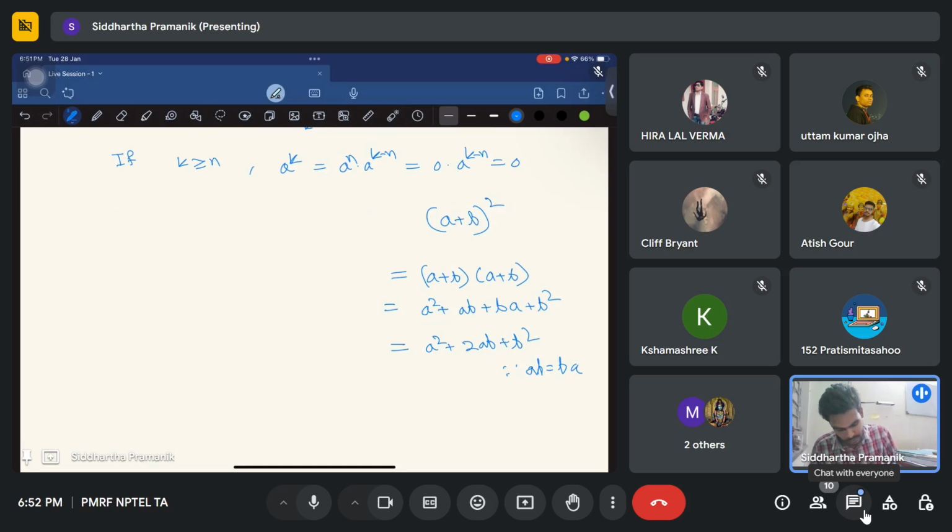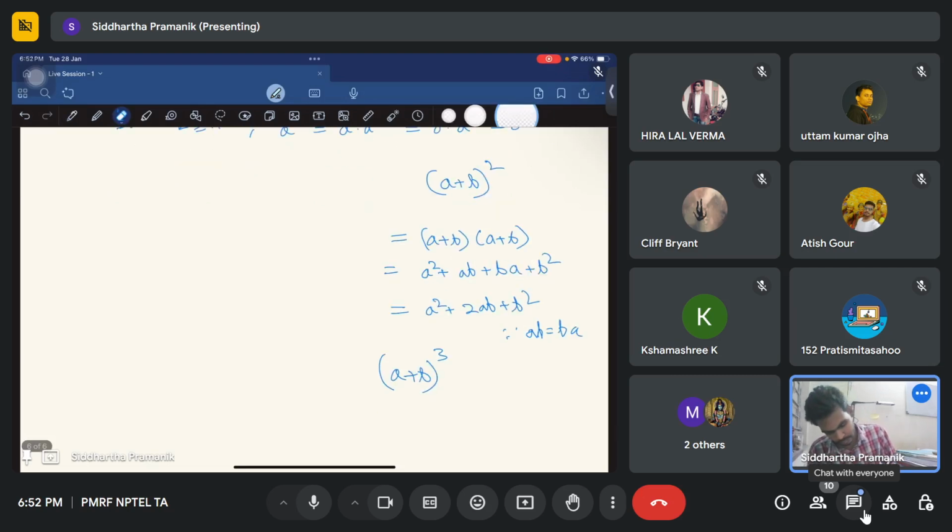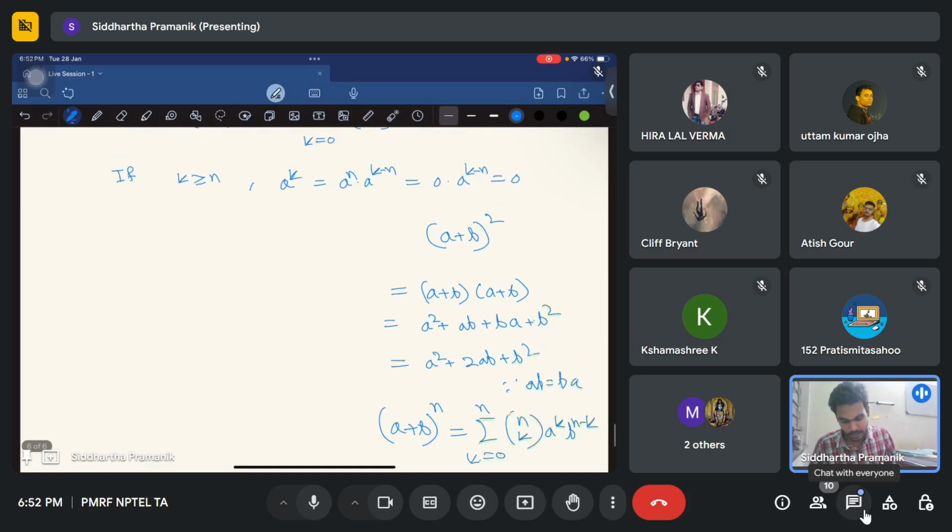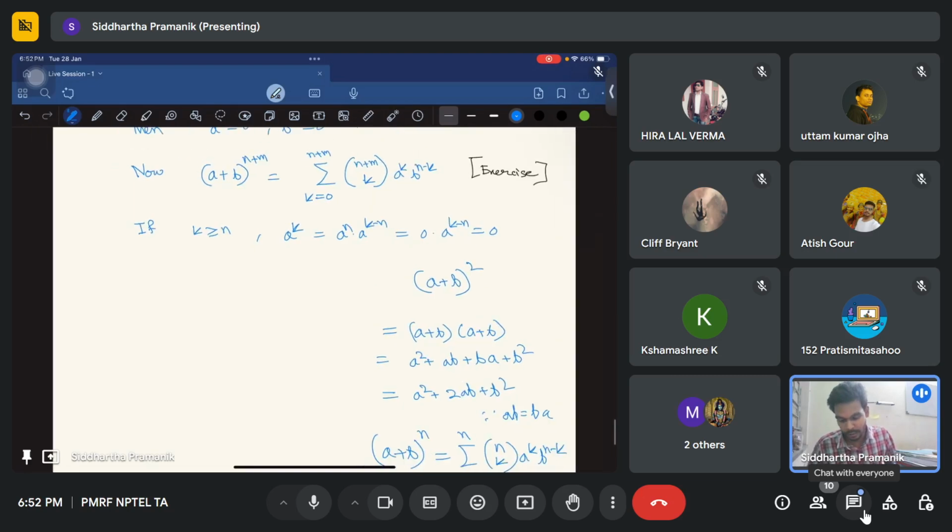Similarly, you can write a plus b power n, for any n, as the summation k equals 0 to n of n choose k, a power k and b power n minus k. That is the usual binomial formula. So in an arbitrary commutative ring, this binomial formula holds, and you can prove it in the same manner.